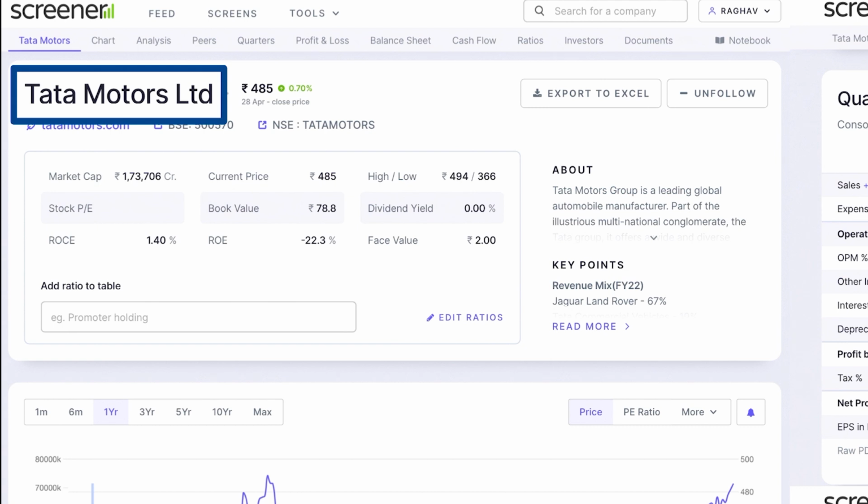In Tata Motors, the market capital of this particular stock is 1,73,000 crores. Why is it important? There are three kinds of stocks: stock below 500 crores, stock between 500 crores and 5,000 crores, and stock above 5,000 crores. This particular stock comes under the above 5,000 crores market capital category.